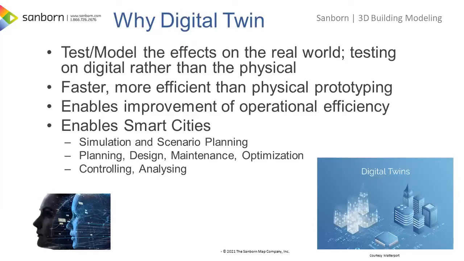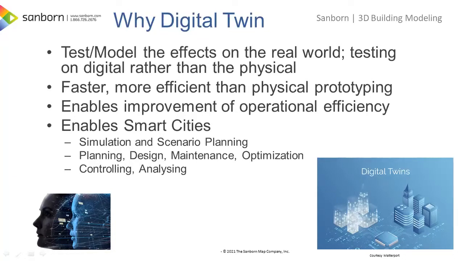So why do you have a digital twin? Well, it just allows you to test and model the digital world instead of the real world. It's more efficient. Again, it started out really with engineering, so they could do digital prototyping rather than physical prototyping, which is incredibly more efficient and gives them operational efficiency.